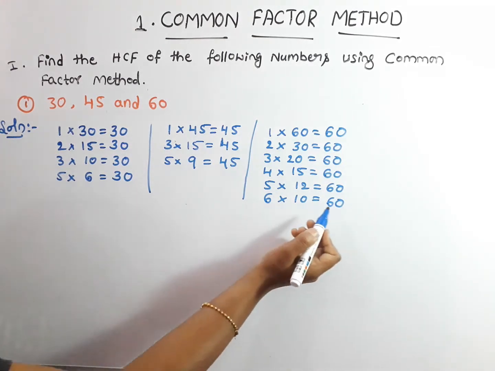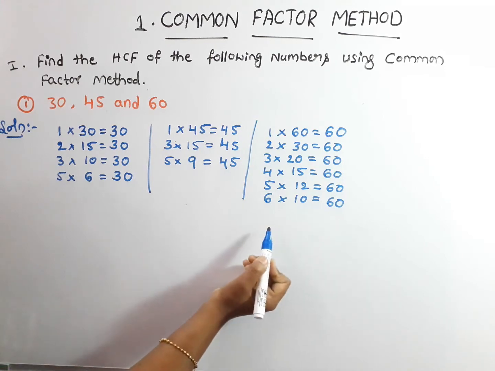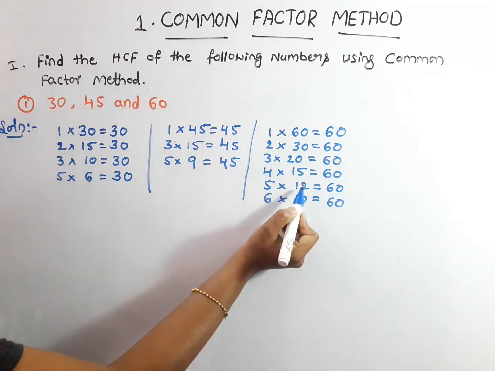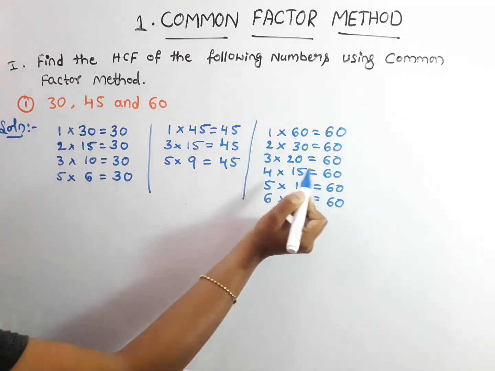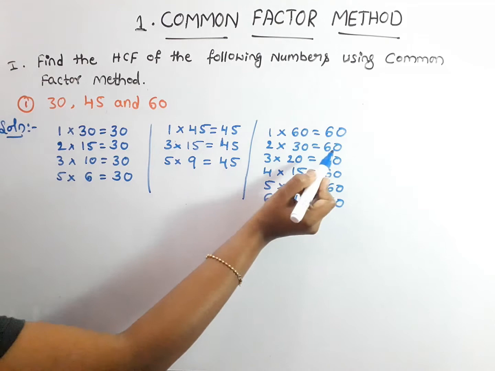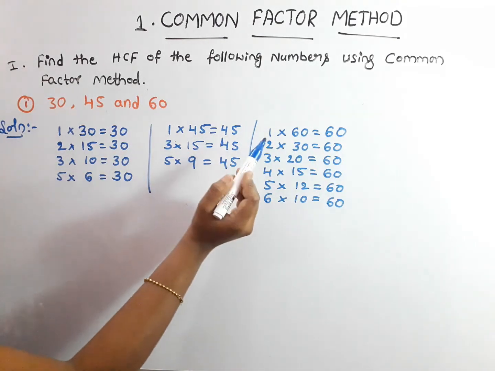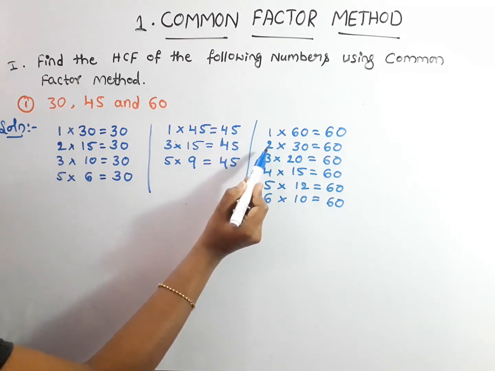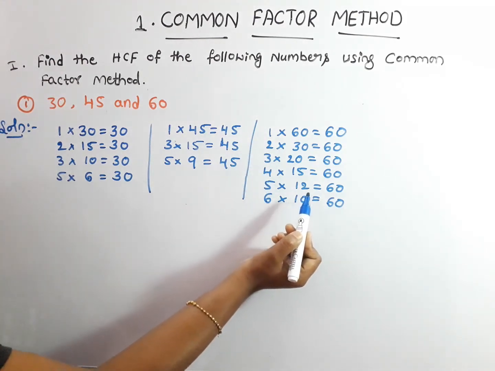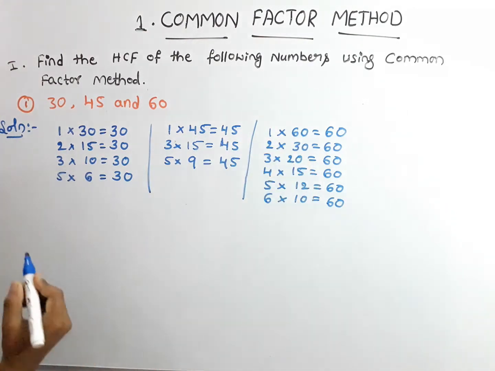By 7 we can't divide. And then 60 is not divisible by 8. 60 is not divisible by 9 also. Then again it repeats. 10 times 6 are 60. 12 times 5 are 60. 15 times 4 are 60. 20 times 3 are 60. 30 times 2 are 60. And 60 times 1 are 60. So the factors of 60 are 1, 2, 3, 4, 5, 6 and 10, 12, 15, 20, 30 and 60.